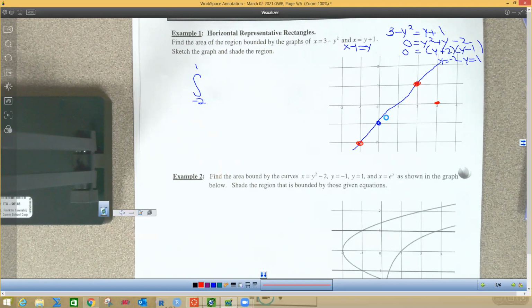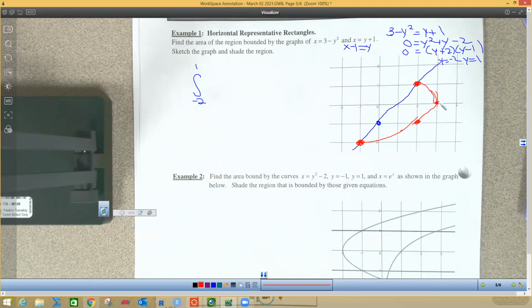Then I'm going to plug in y equals negative 1 here. Well, negative 1 squared is still 1, and 3 minus 1 is 2. So it is also 2, negative 1. And I already know this one's intersecting here, but you could plug in negative 2 here and get this value of negative 1 out for x. But either way, this is a parabola. Man, that's a terrible parabola.